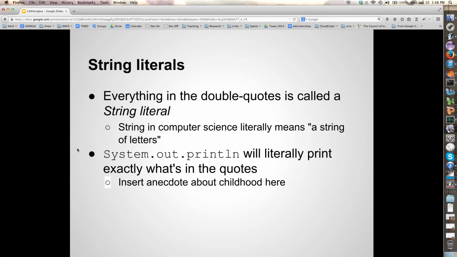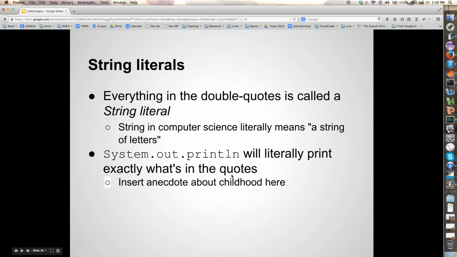And so it's really fun when you're a little kid to repeat those things back, and then your mom says, don't say that, and you say, I'm not saying it, I'm merely quoting literally what grandpa said. So then you get to drop F-bombs, and then your mom gets mad at your grandfather, so it's like a win-win for you, and maybe not for everybody else. Anyway, that's the example. It's not a great example, but that's the anecdote I always give about string literal.